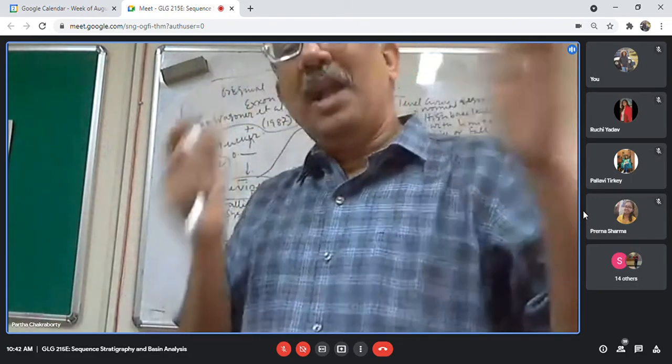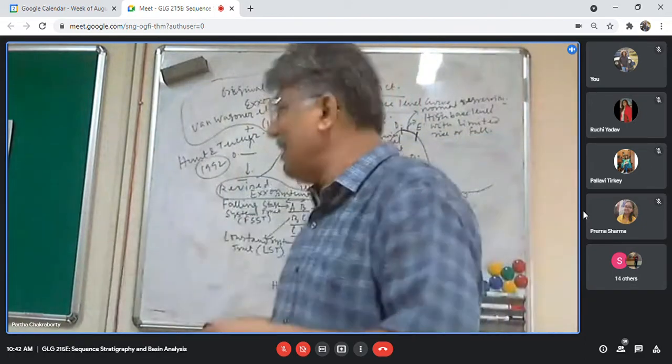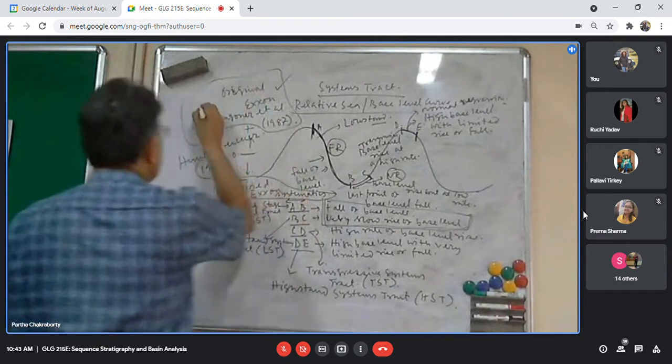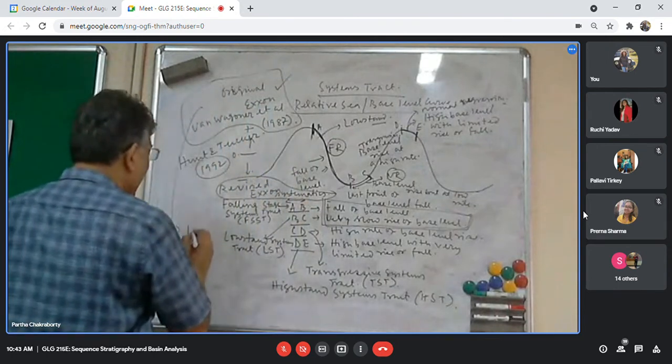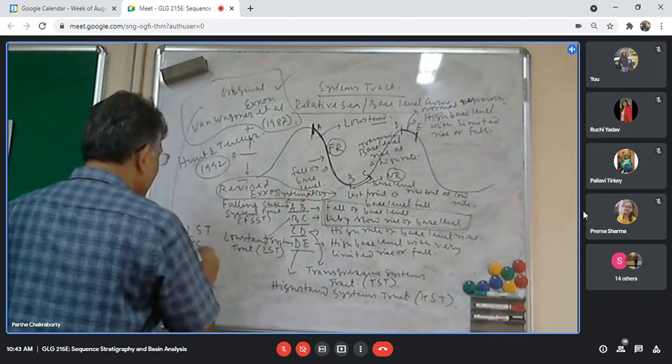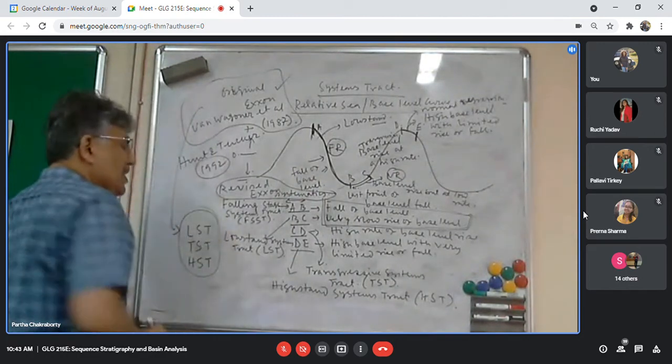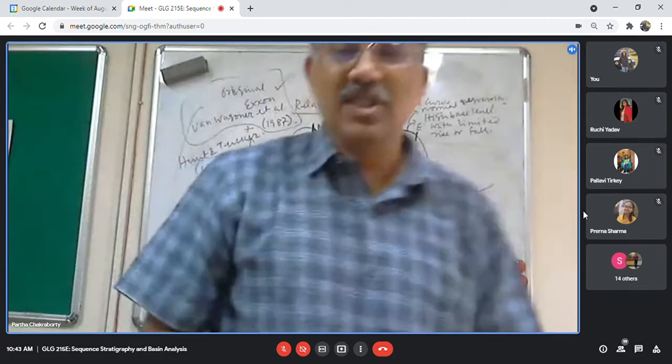So the total regressive part, which was earlier in the original Exxon systematics, was divided into LST, TST, and HST. These three divisions were there in the original Exxon systematics.